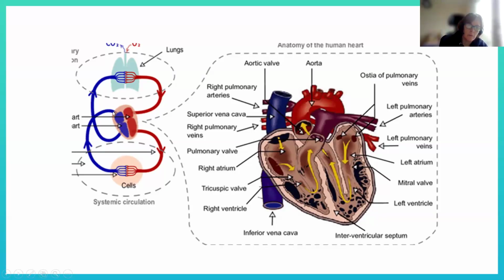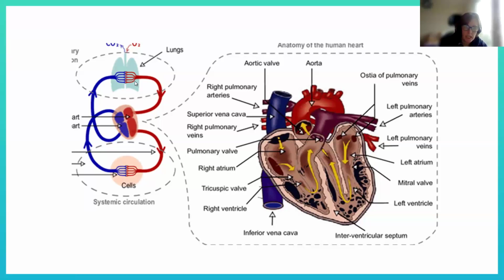It enters from the vena cava, which is this big vessel here, into the right atrium, then moves into the right ventricle. Then it will end up going to the lungs, and you can see it moves into the capillaries in the lungs where it picks up the oxygen.